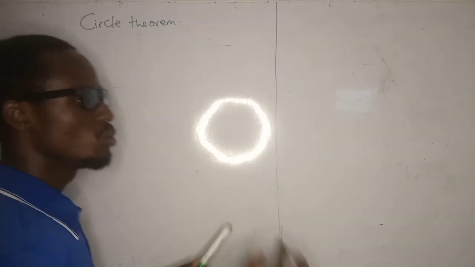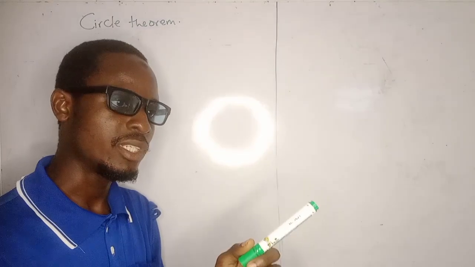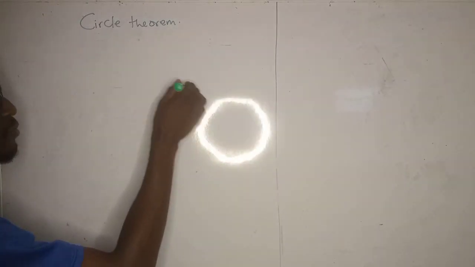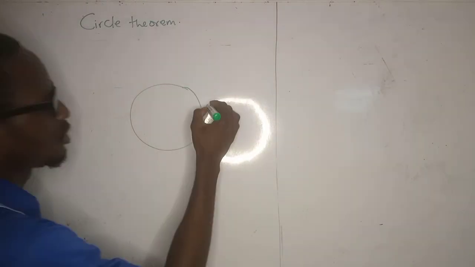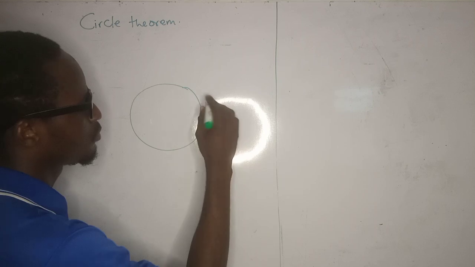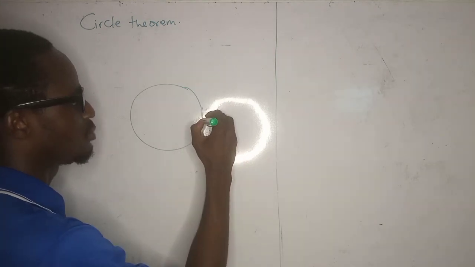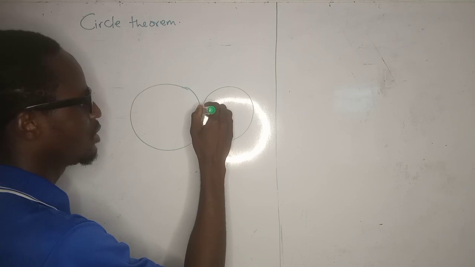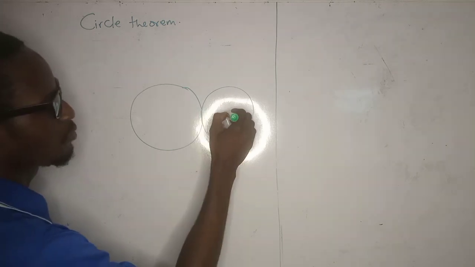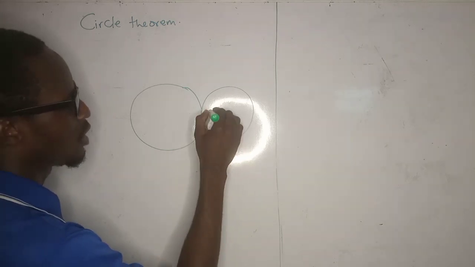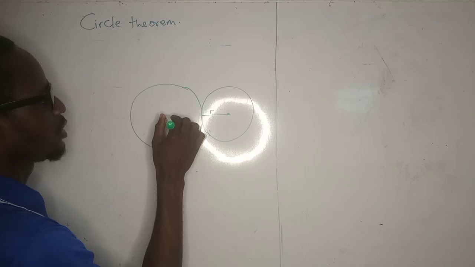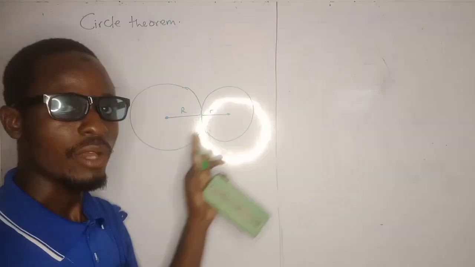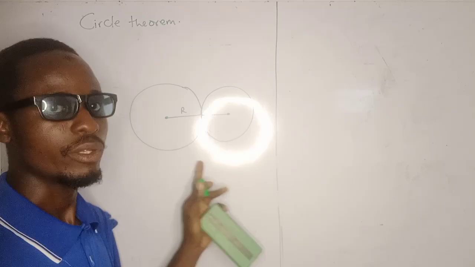Now when you have two circles touching each other, that means they are forming tangents to each other. So you can have two circles touching, either big or the same size. Now when these circles touch, don't forget this, we have a radius, small r, and here we have a radius, big R. Each circle serves as a tangent to the other.